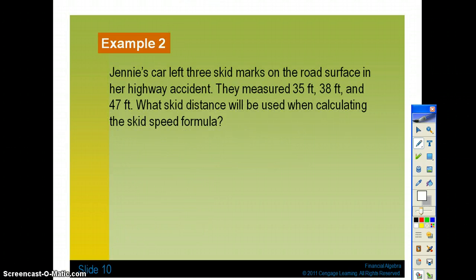All right, go ahead and take a second to read that. So now in this case, there's only 3 actual measurements for the skid marks. So again, since they're different measurements, what we've got to do is go ahead and find that average. So we're going to take 35 plus 38 plus 47. Since there's only 3, we're going to divide that by 3.